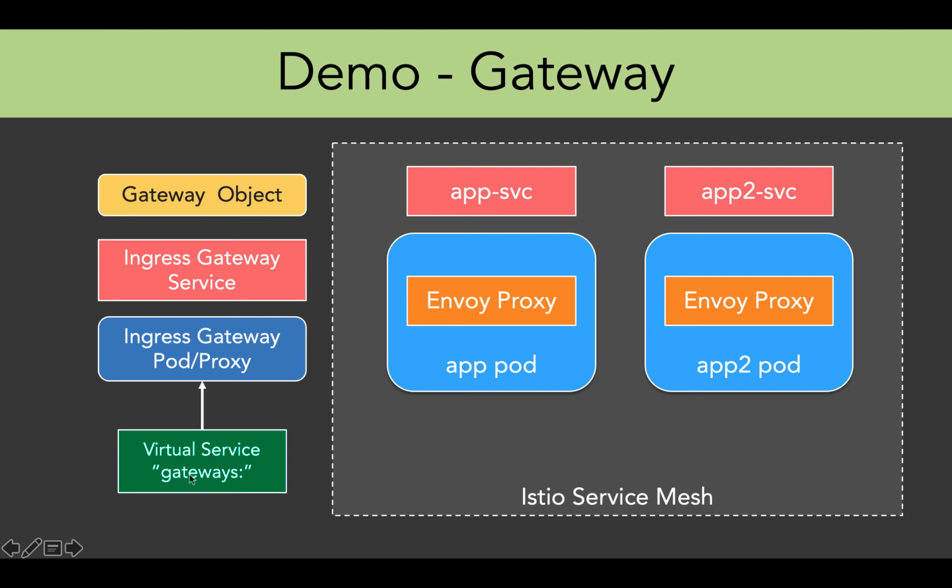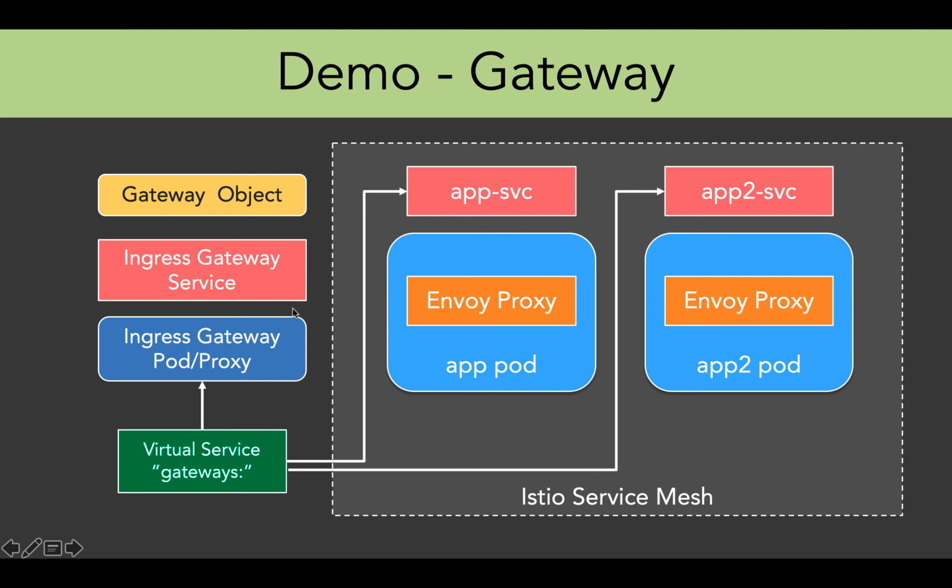So we have a host and virtual service also, which should map with the host in the gateway object. Otherwise, this one will not work. So gateway object enables the ingress gateway pod to accept traffic, and virtual service with gateways keyword will provide the routing rule that is needed for this envoy proxy or for the ingress gateway. So once the traffic comes, it will be sent to these services that we create.